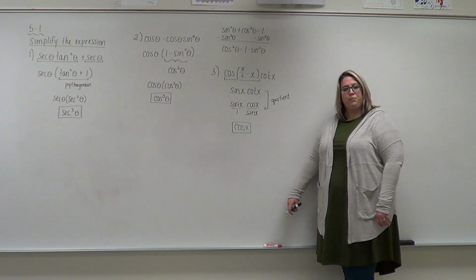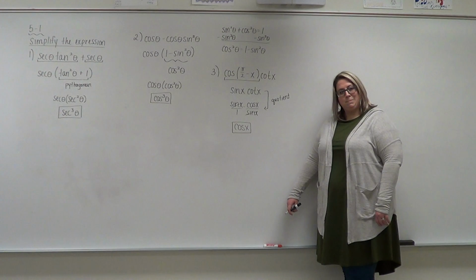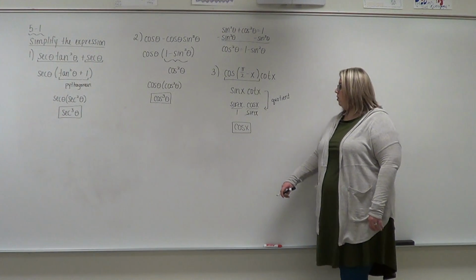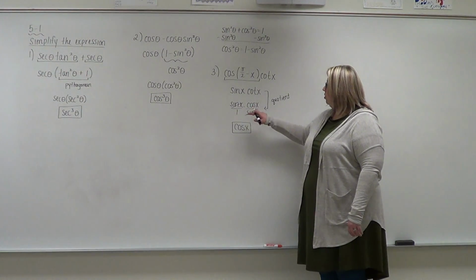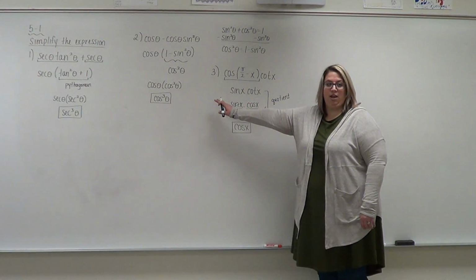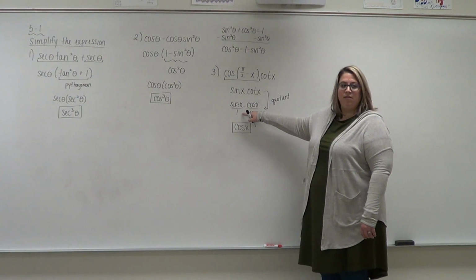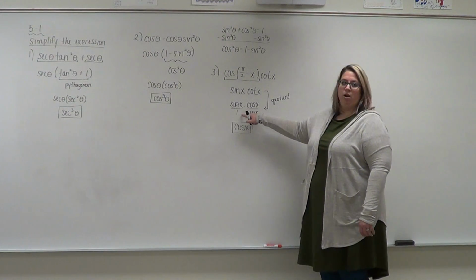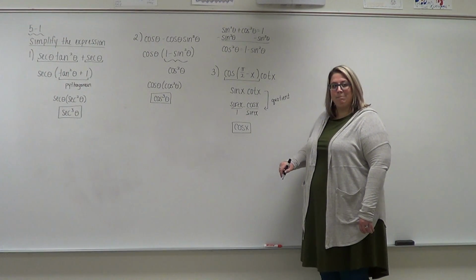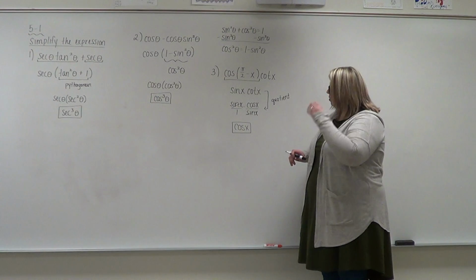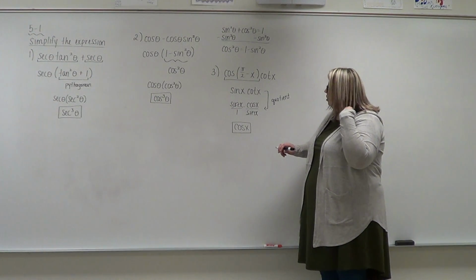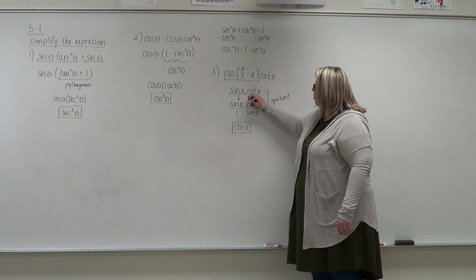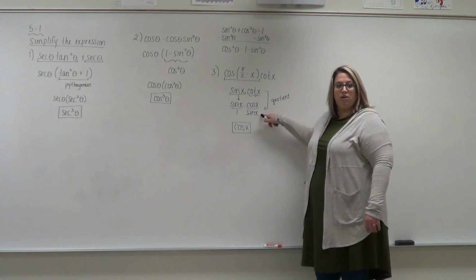These 2 are multiplied together, so this was a separate thing. Since nothing was on the bottom of this, we automatically put a 1, just like if I had a 4 outside there, that would be over 1. You only put that on the top because the other one has it on the bottom to cancel. This right here, I didn't do anything with, it just came down. This part was what I used the quotient identity on.